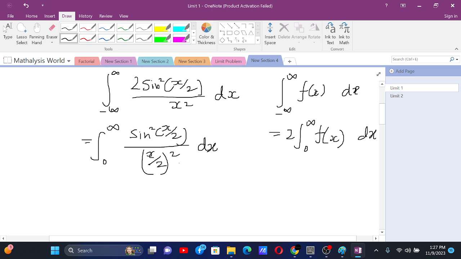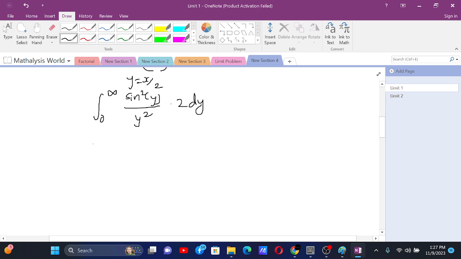Now you can let y be x by 2. That will give us the integral from 0 to infinity of sine square y by y square, times dx, which is just 2 dy. Now this is a kind of Dirichlet integral, the integral from 0 to infinity of sine square y by y square dy.